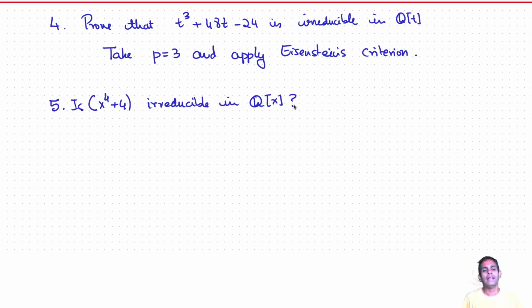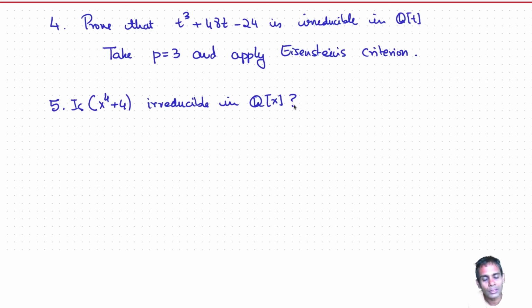Now, it would be tempting to say that Eisenstein's criterion does not apply to this polynomial because the only p I can take is 2, but p squared divides 4. So Eisenstein's criterion does not apply, and therefore it is not irreducible. But that's not correct. Eisenstein's criterion only gives a sufficient condition for a polynomial to be irreducible. If Eisenstein's criterion does not hold, that does not automatically mean that the polynomial is not irreducible. So we need to work a little further and try to examine this.